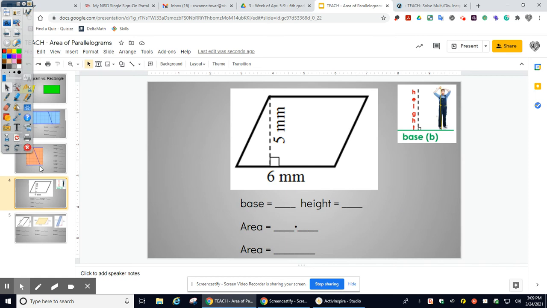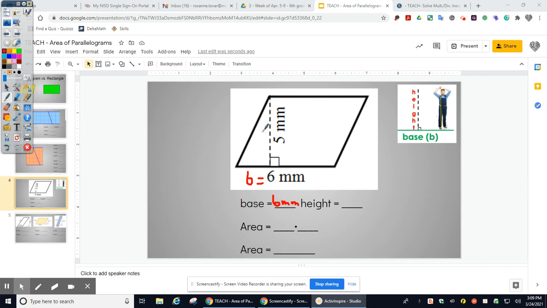All right, now let's look at an example of another parallelogram. Remember, our height and our base should always form that right angle. And we do see it here. We see that we have a base. I'm going to go ahead and label a base of 6 millimeters.